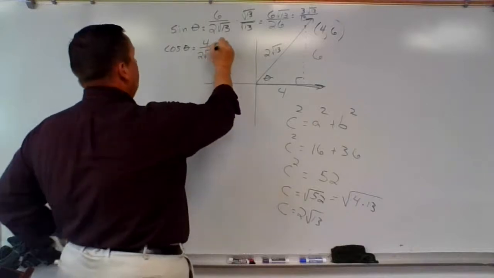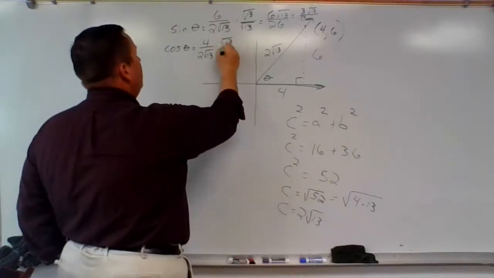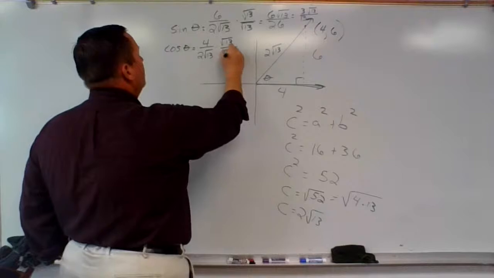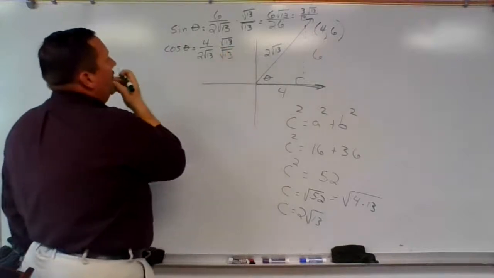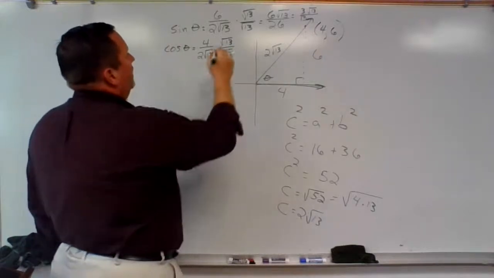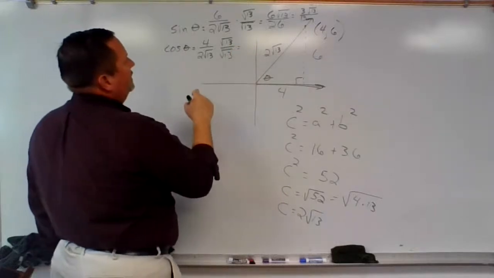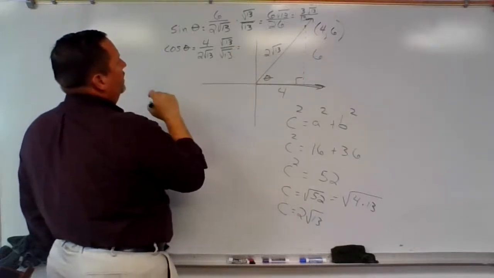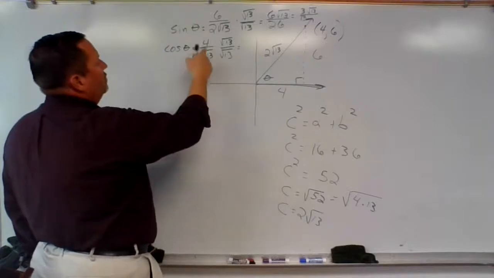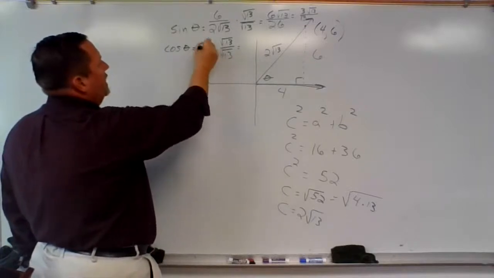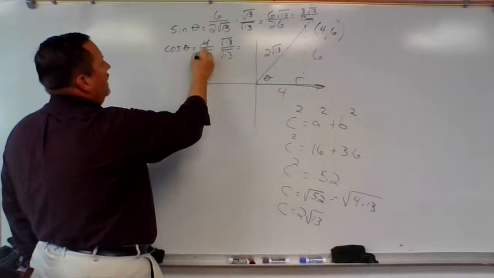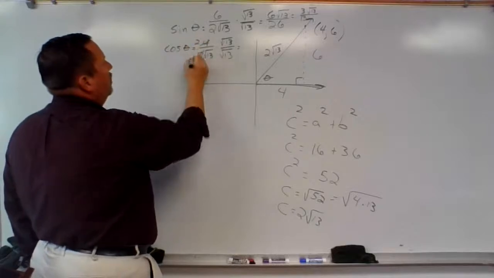And so again, we do root 13 times root 13. I'm going to make it a little easier on myself by reducing right here at the beginning. This and this becomes 2 over 1.